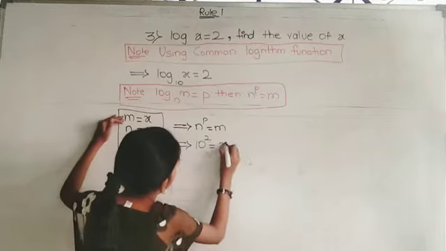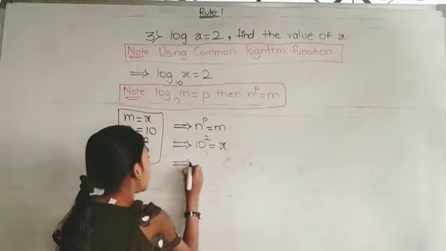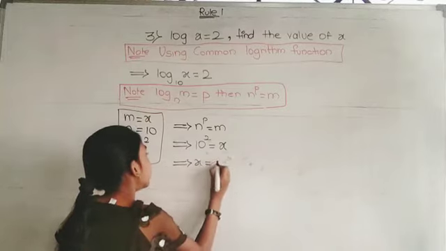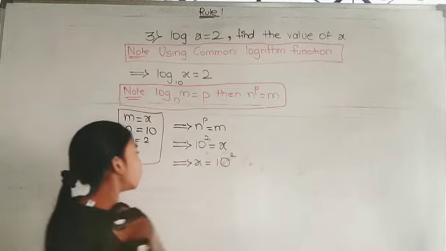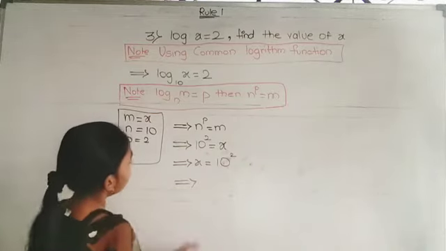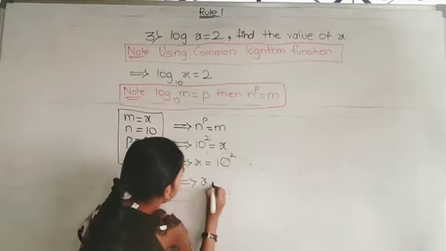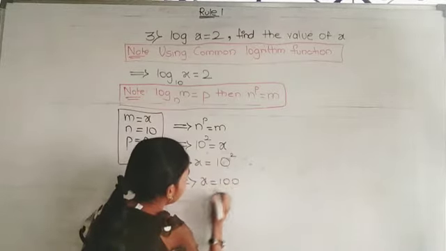So here we are going to write x. Now we will write this into the proper form. x is equal to 10 raised to 2, which means x is equal to 100.